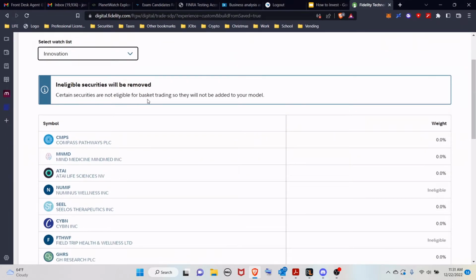Certain securities are not eligible for basket trading, so they will not be added to your model. That's just what I said to you. There's no OTC trading. But also, even if it's not OTC, if the shares are valued at less than $1, they also will not work in Fidelity FidFolios. So I don't like that, but I understand.